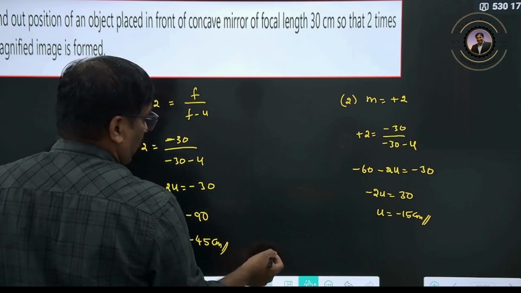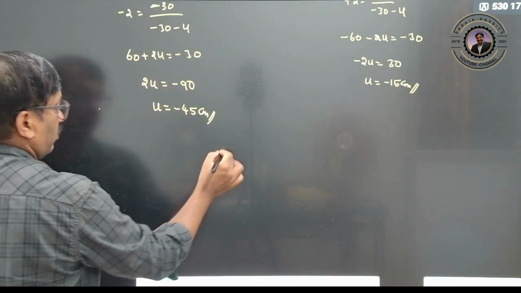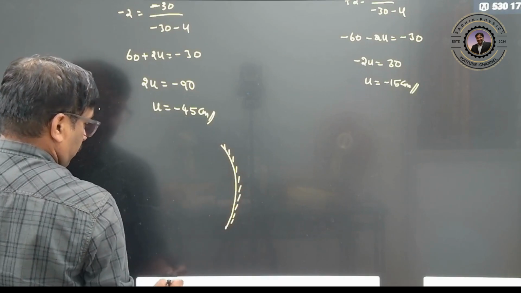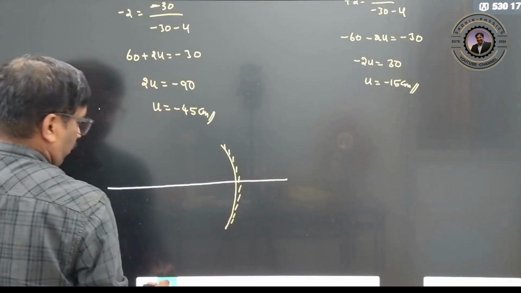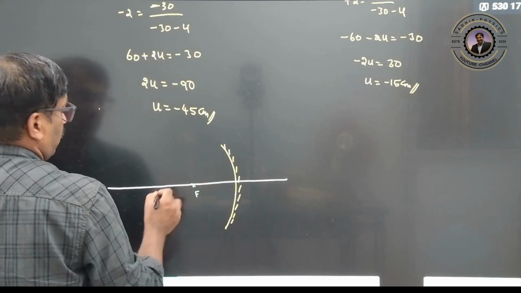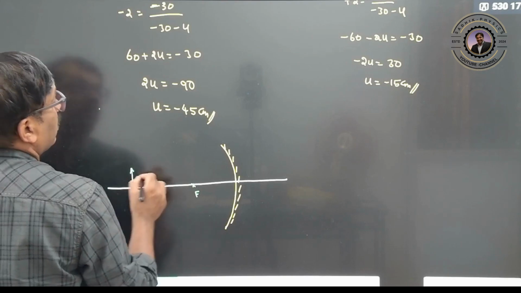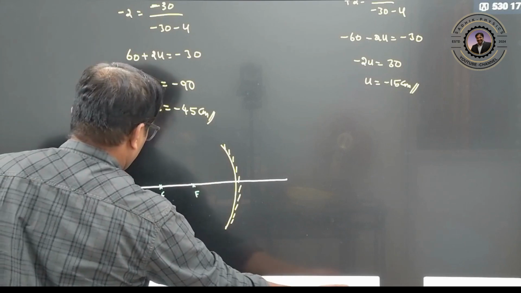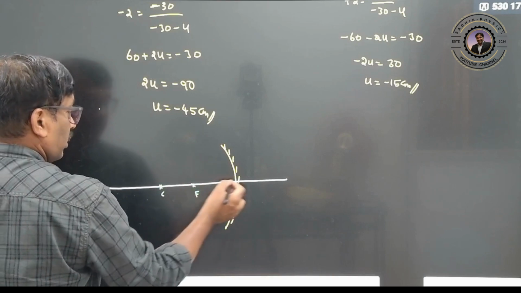So we will draw the ray diagrams for this one. How this double size image will be created. Therefore this is your concave mirror, right. Here this is your focus, and beyond this will be the center of curvature. Why? Because the focal length is 30 here.